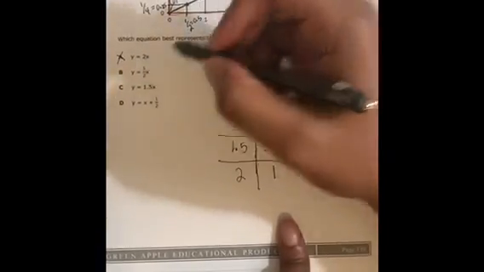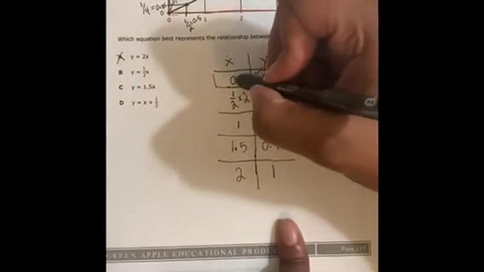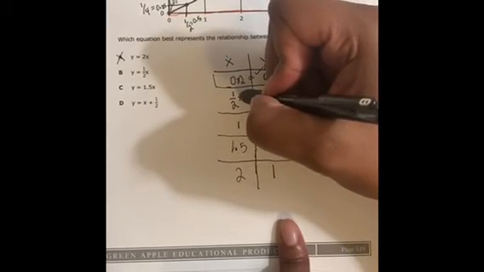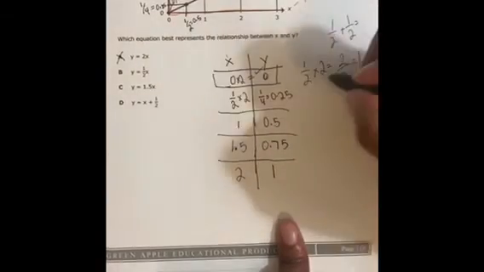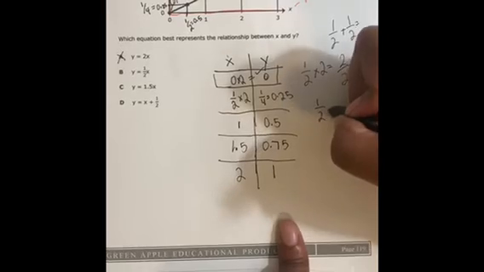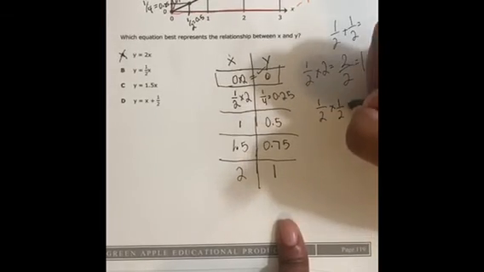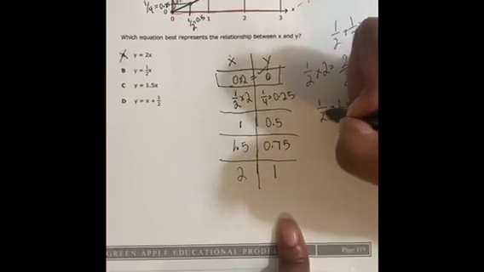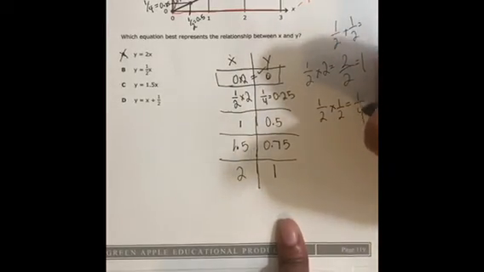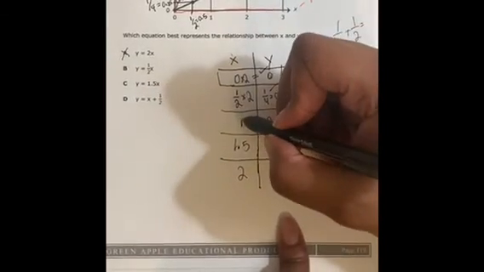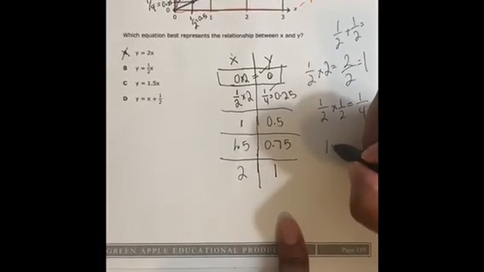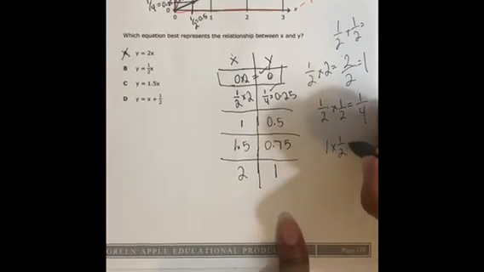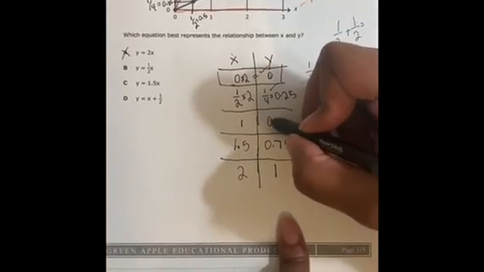1/2 times 1/2. So if I was to do that, that's good. 1/2 times 1/2 on the other hand, well, what you would do is multiply the top by the top and the bottom by the bottom. That's 1/4. So that's good. 1 times 1/2 is going to give me 1/2, which is the same thing as 0.5.